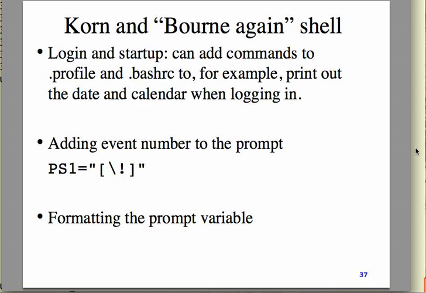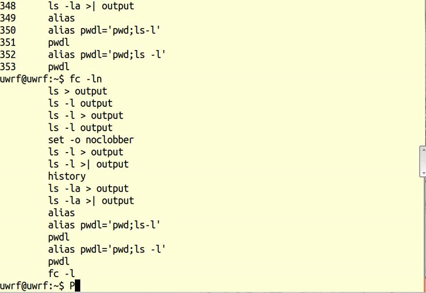So here's a simple example. You say PS1 equals, and we've done this kind of thing before in the previous videos. The backslash is used to protect the exclamation operator, which is usually interpreted as, I believe, the not operator, like in Java.